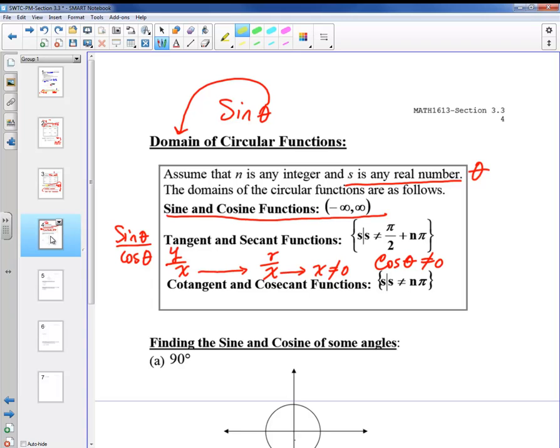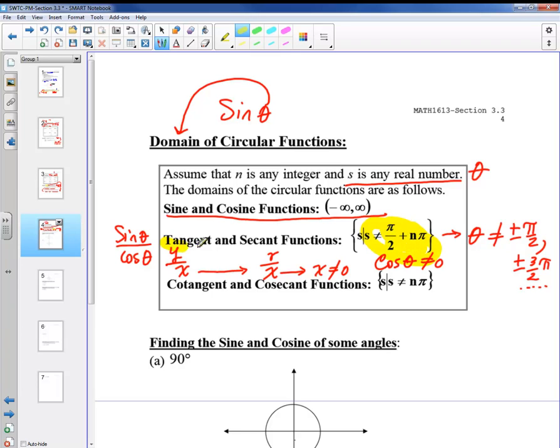So your angle, that angle theta or s, whatever you want to look at, cannot be equal to positive or negative pi over 2. It cannot be positive and negative 3/2 pi, and so on. So that's what this, as complicated as this looks, is saying right here.